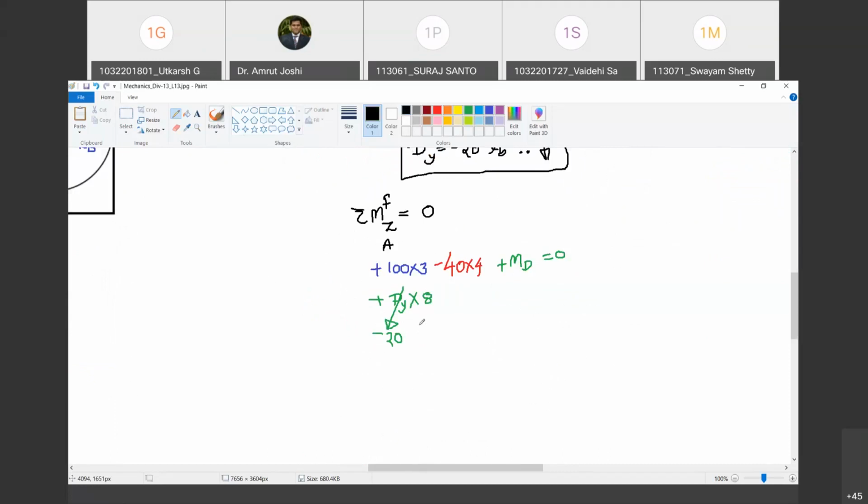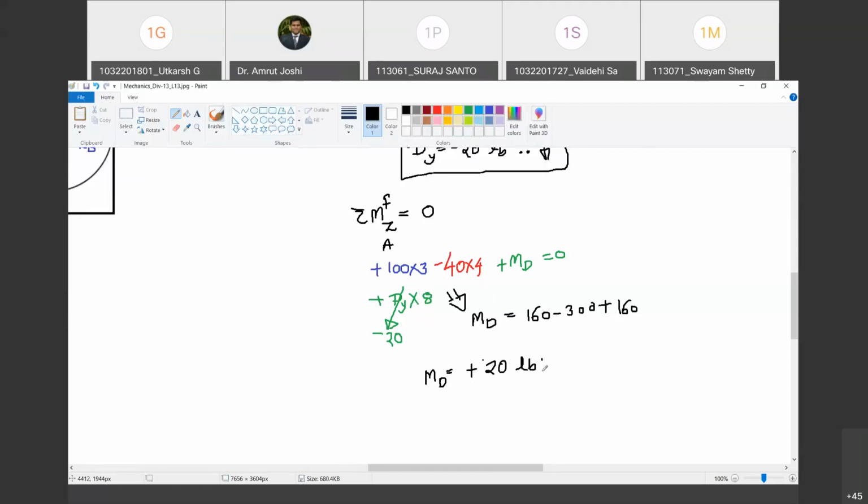That gives me MD equal to how much? So MD will be equal to 160 minus 300, which turns out to be minus 140, plus 20 into 8, that is 160, so 160 minus 300 plus 320, which is plus 20.